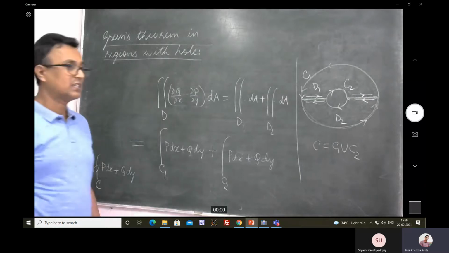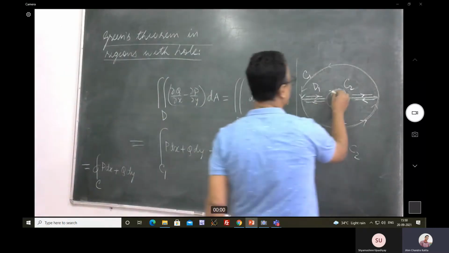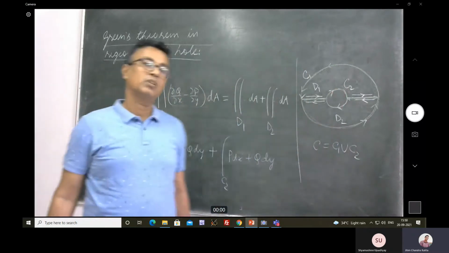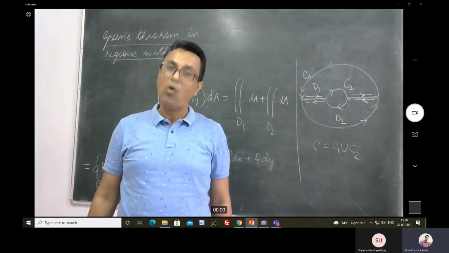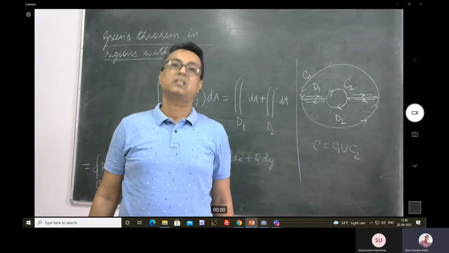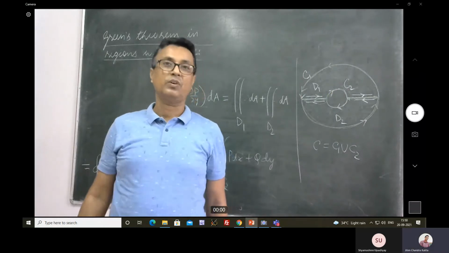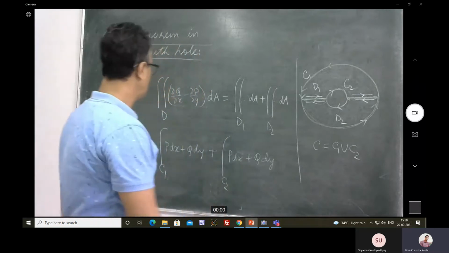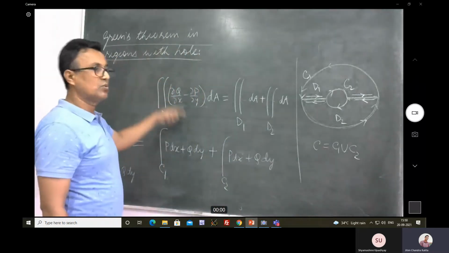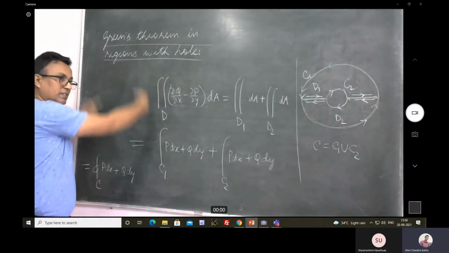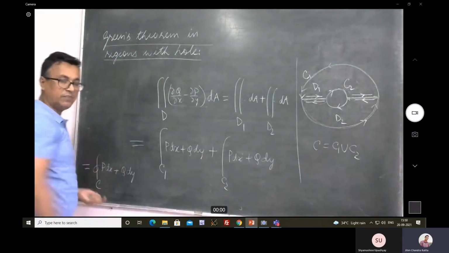But the thing is that you have to be careful about the orientation of the inner closed curve. Is it okay? Fine. So now let us try to do an application of whatever we have done just now. Okay.